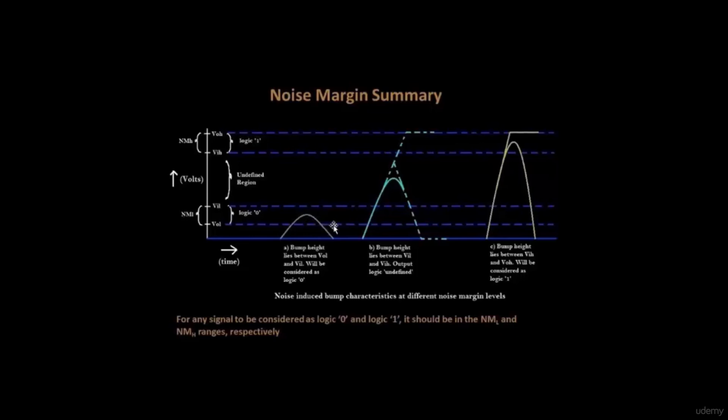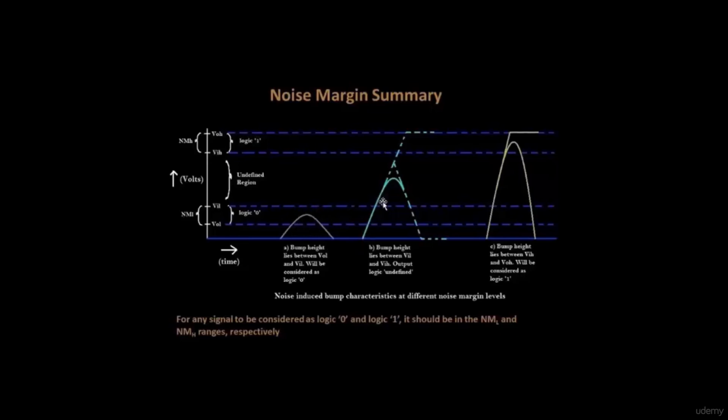We will be seeing where this kind of bumps get created in the upcoming videos. Basically, this is nothing but your glitch. So if there is a net that was very steady, continuously at logic 0, and due to some reason it gets a glitch, and if that glitch lies in this range, it's still a safe glitch.